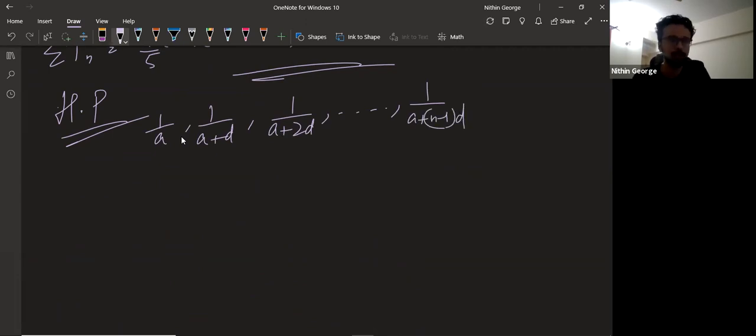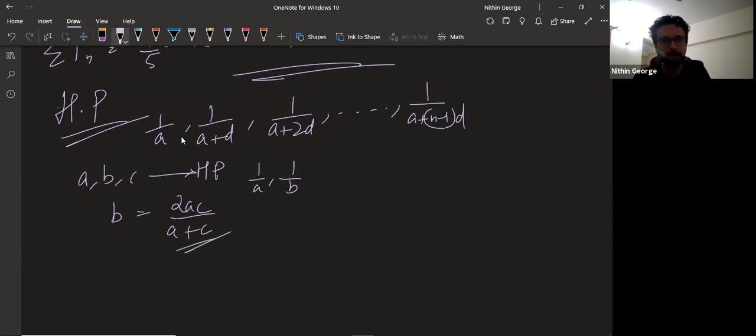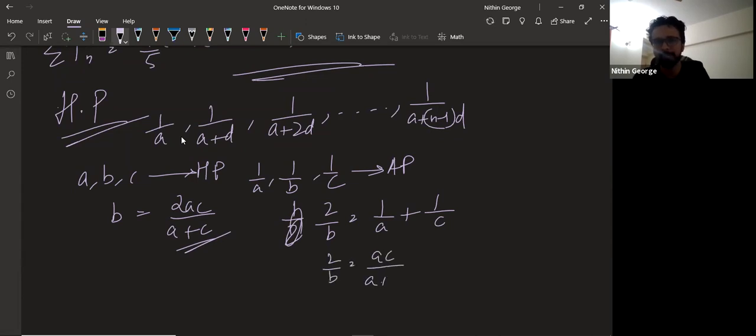So if I say that A, B, C follow a harmonic progression, then B is equal to 2AC by A plus C, or basically 1 by B, 1 by A, and 1 by C are in AP, which means 2 by B is equal to 1 by A plus 1 by C. In other words, 2 by B equal to (A plus C) by AC. So B is equal to 2AC by A plus C. I'm sure you all knew this before, right?